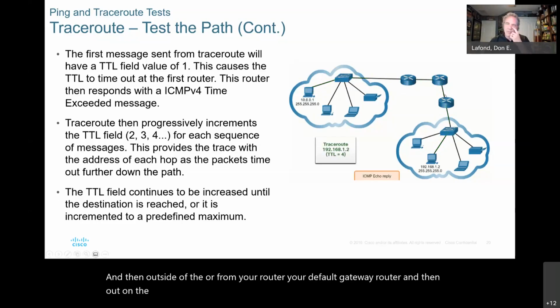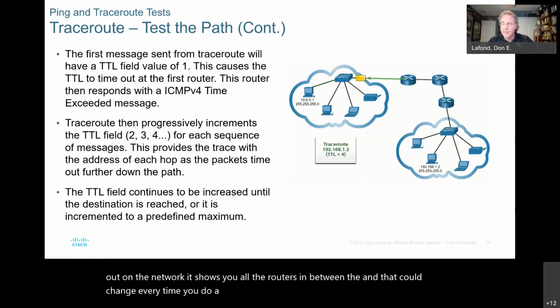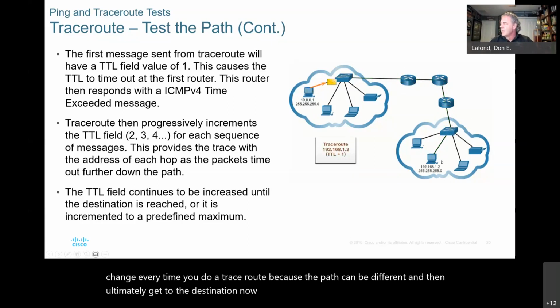It shows you all the routers in between, and that could change every time you do a traceroute because the path can be different. And then ultimately you get to the destination. Now you know you are good to go to reach 192.168.1.2 in that final IP address.